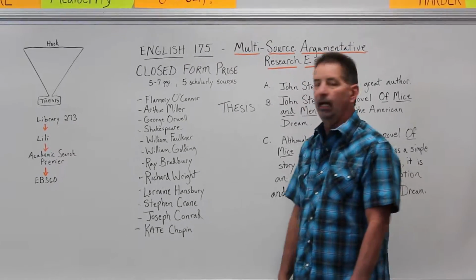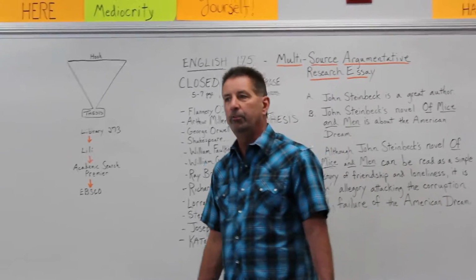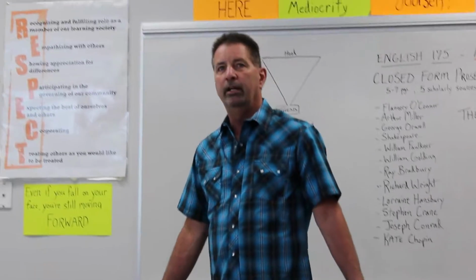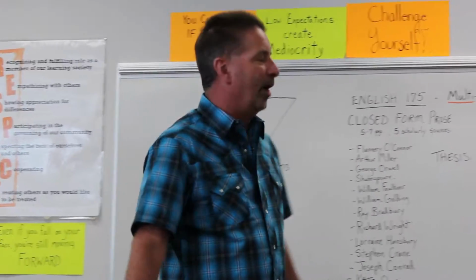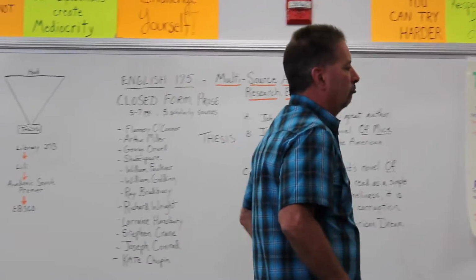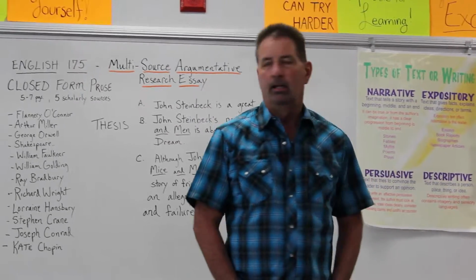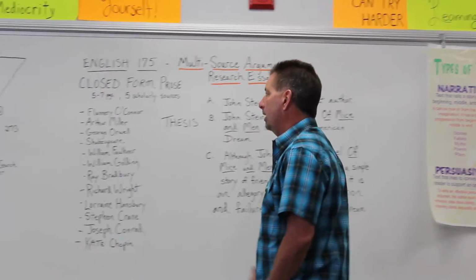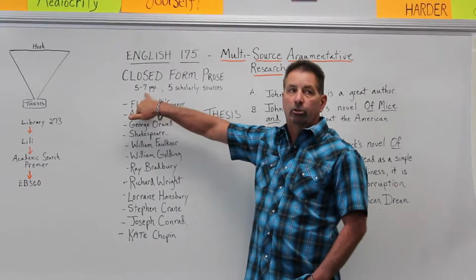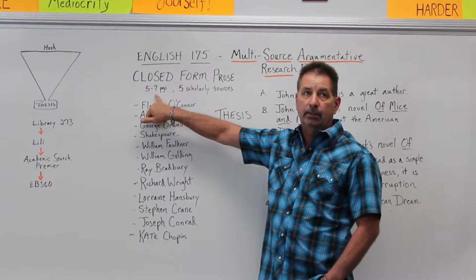The one question I have not heard, I know everybody's thinking, is when is it due? Your rough draft. By rough draft, I mean it has to be the correct length, 5 to 7 pages.